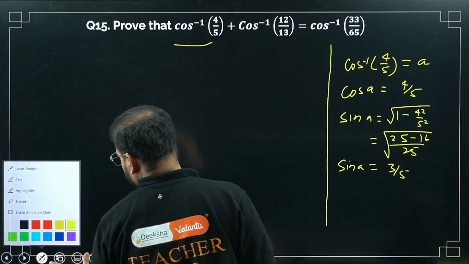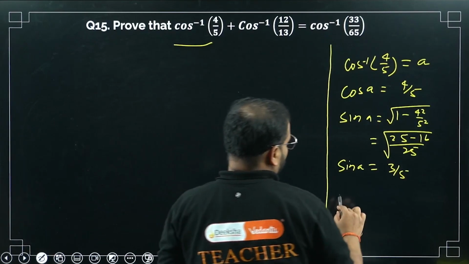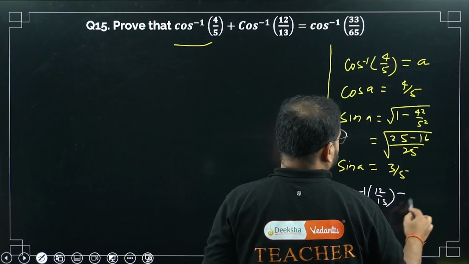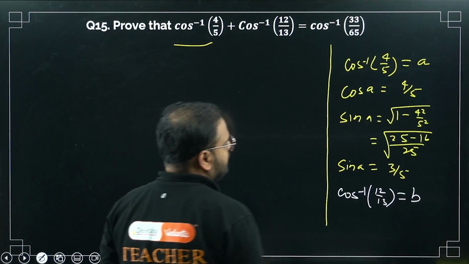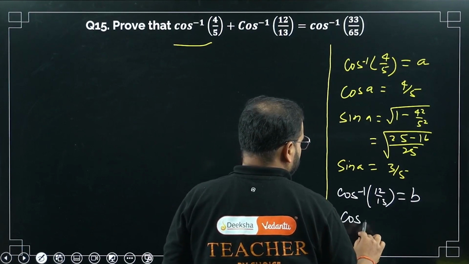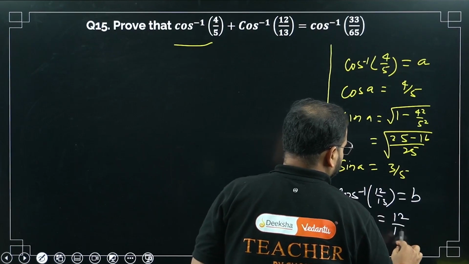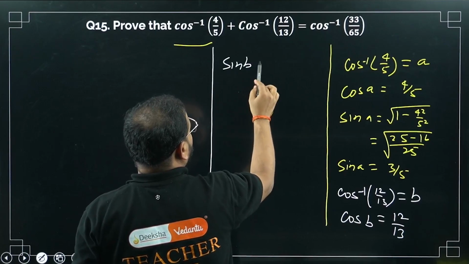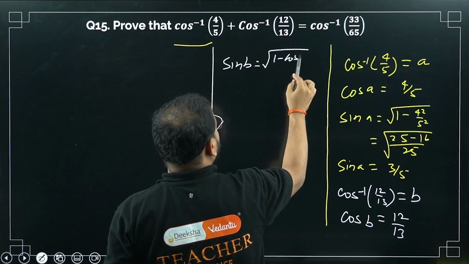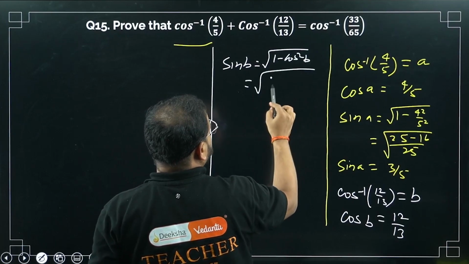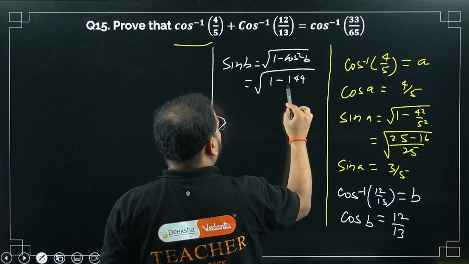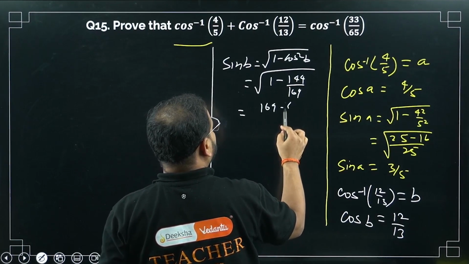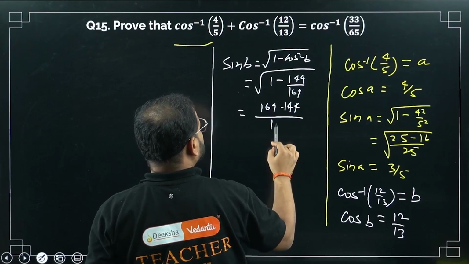Same way, next assumption. Please check. Cos inverse of 12 by 13 equals B. So cos B equals 12 by 13. Now please check here. I get sin B equal to root under 1 minus cos square B. How much is that? 1 minus 12 square by 13 square. 12 square is 144, 13 square is 169. 169 minus 144 upon 169 in the root.